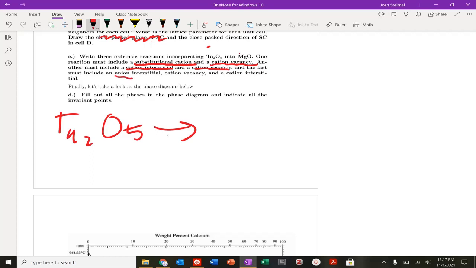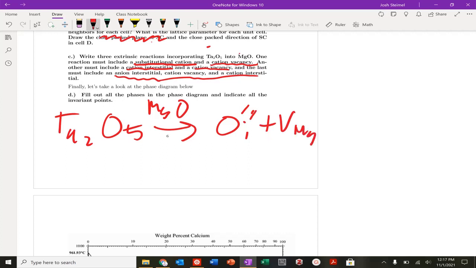So let's see, anion interstitial, cation vacancy, and cation interstitial. So an anion interstitial into MgO would be oxygen -1, 2, cation vacancy, so vacancy in Mg, that's going to be also -2, and then a cation interstitial, which must be Ta. So I need 1, 2, 3, 4, 5. I need 2 of these, so 2 tantalum.